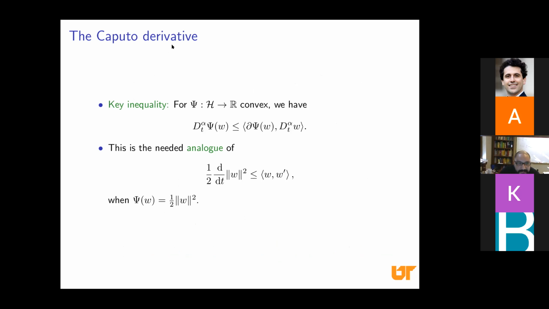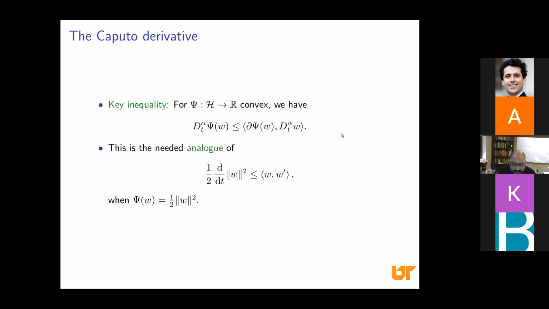So in fact, for this definition of the Caputo derivative, we can prove a generalization of this inequality, namely that if you have a convex function, in particular the norm squared is convex, the Caputo derivative of this convex function is bounded from above by the subdifferential of the convex function times the Caputo derivative of the argument. That is exactly the analog of this expression over here.